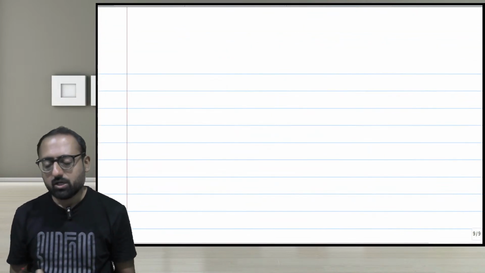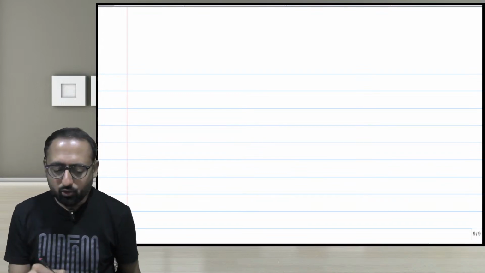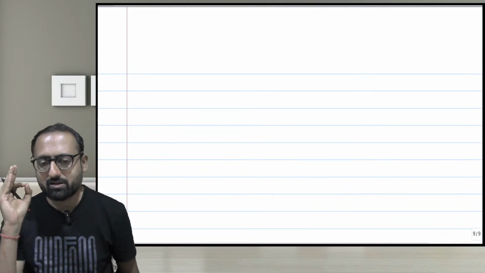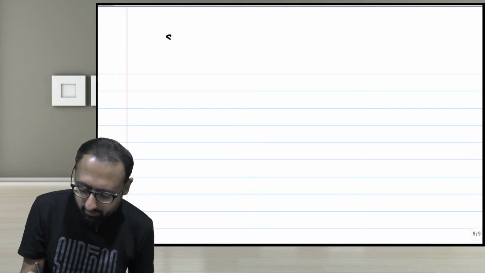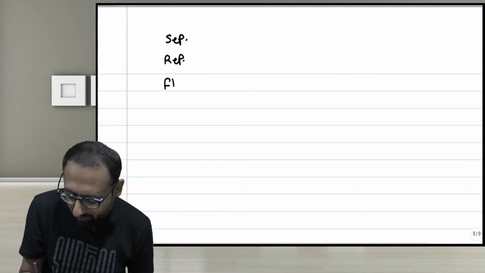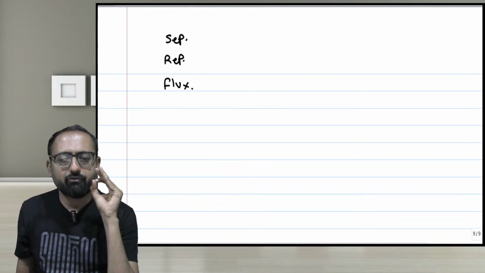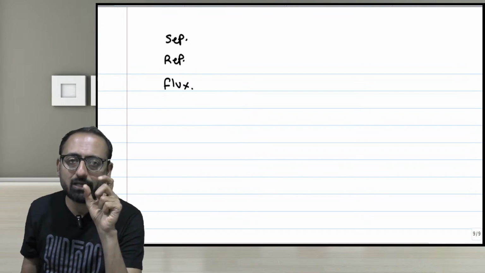Okay. Now one golden rule. Everyone please concentrate here. Separation method, replacement method, flux method. One very important input I will give you, and it will really help you in the examination.